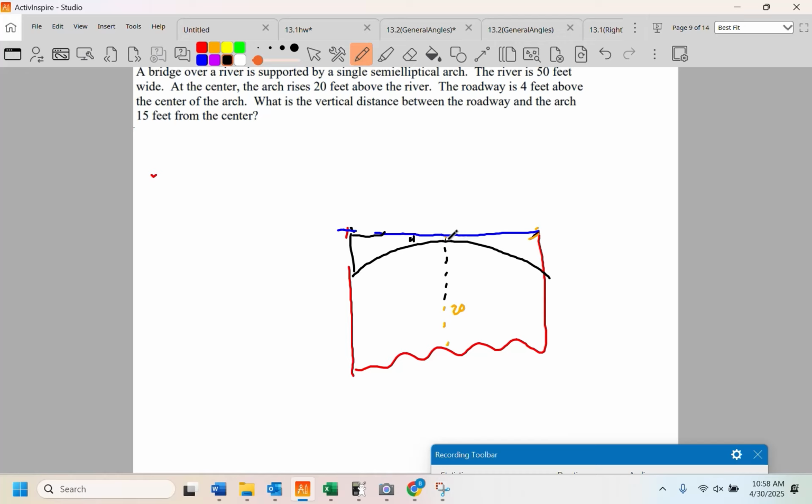What is the vertical distance between the roadway and the arch 15 feet from the center? Okay. We need to find a good place to make this thing centered.